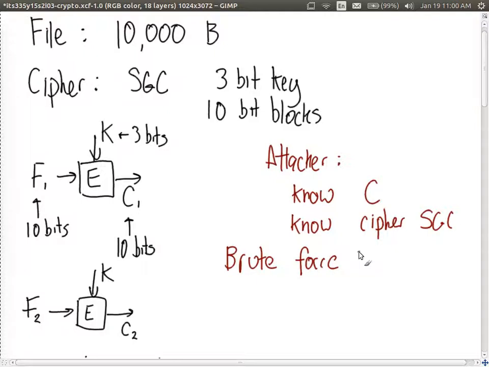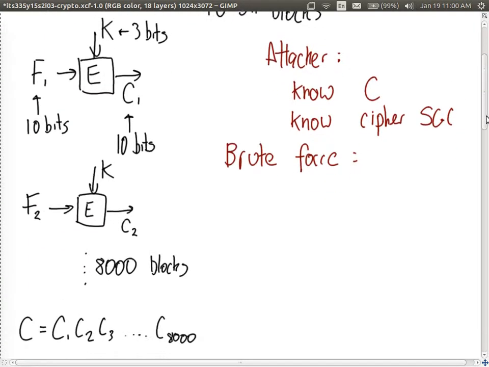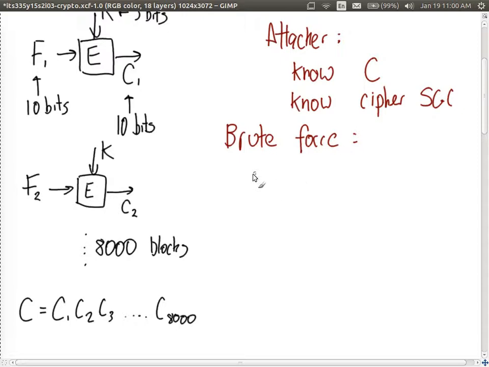So the brute force attack involves the attacker trying all possible keys. So what they would do in this case, let's say they know the ciphertext, and now we'll just focus on a single block.